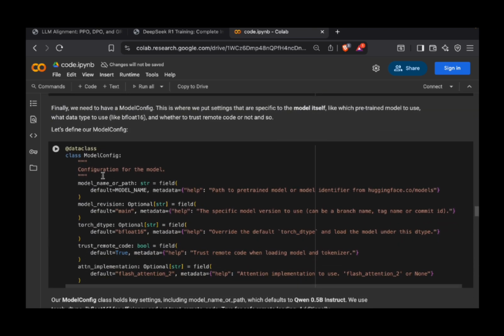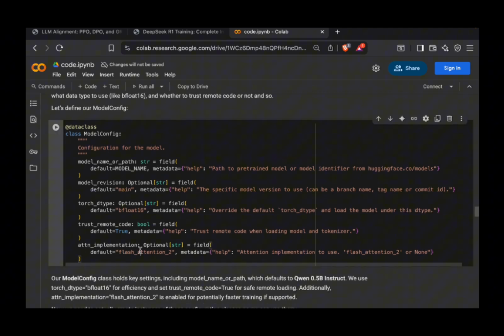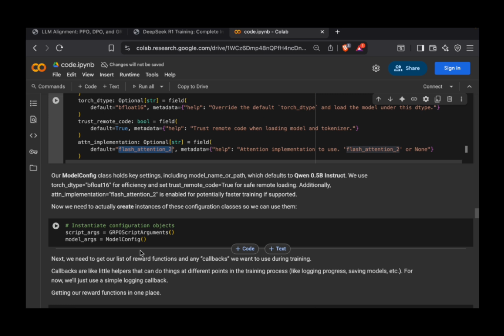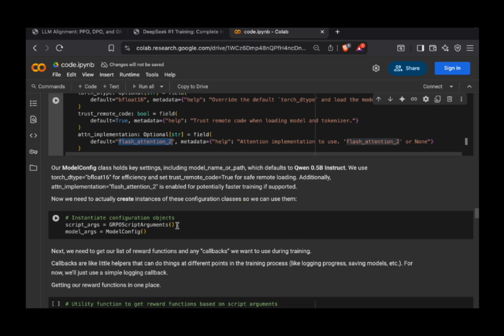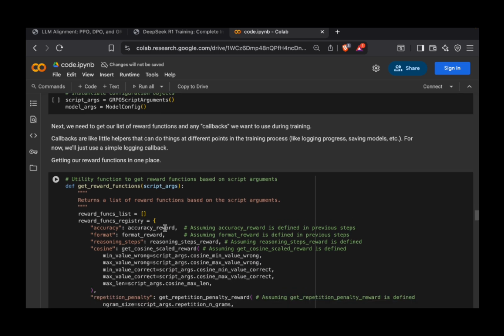In the next section we have a data class, in which we configure a bunch of model parameters like model name, dtype, trust remote code, and attention implementation, for which we use flash attention. We set up the arguments, and also we set up the GRPO script arguments.